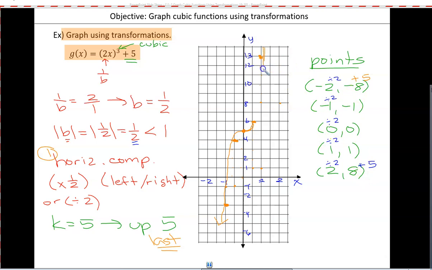And that then gets connected to the previous point. That's really messy. Let me try again. Go on through that point, remember, and put an arrow on the end. And that gives us the graph here of g of x.